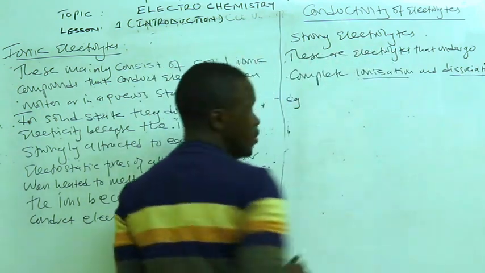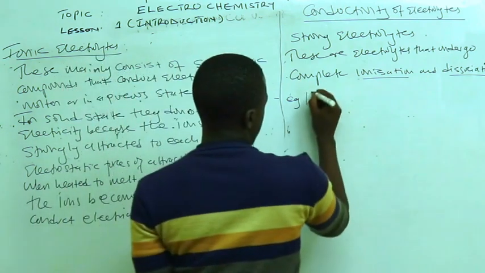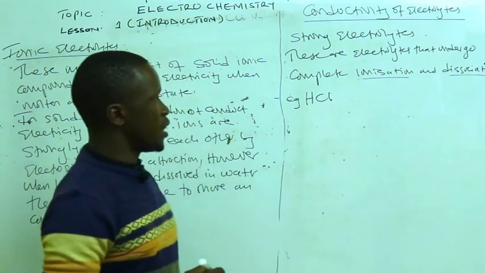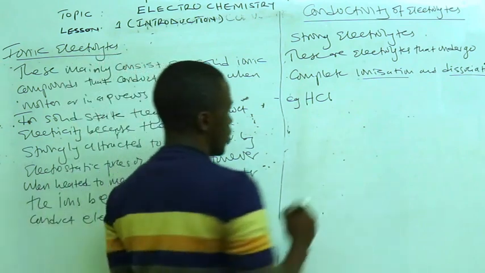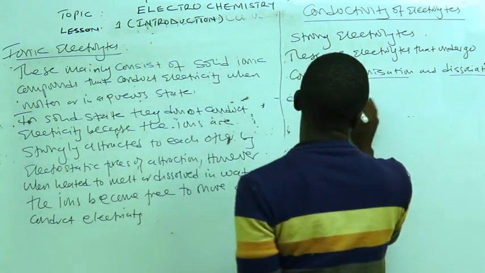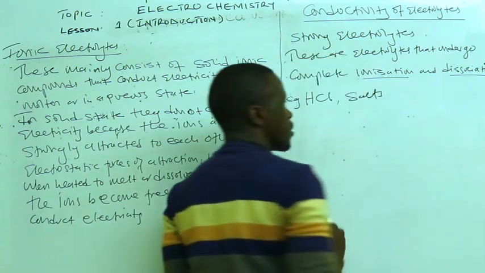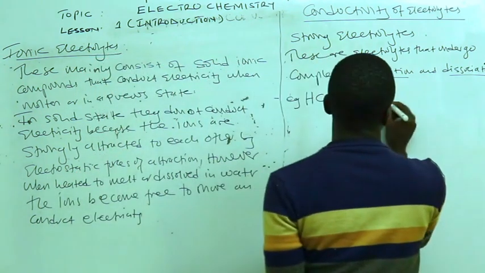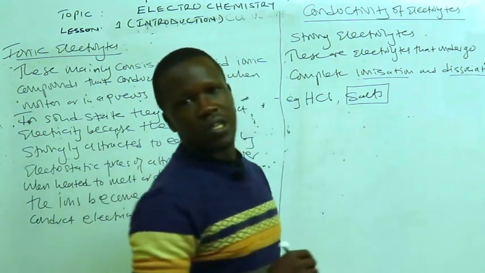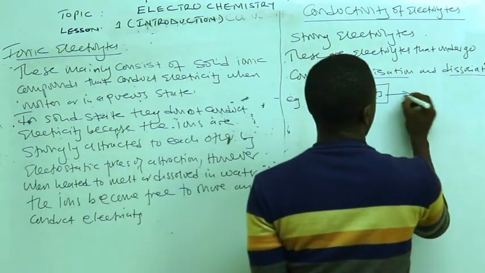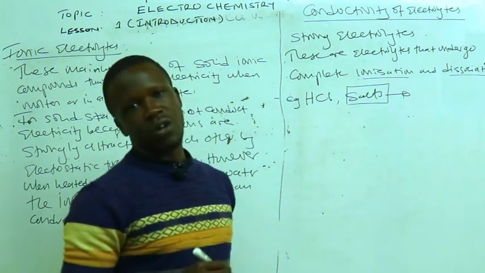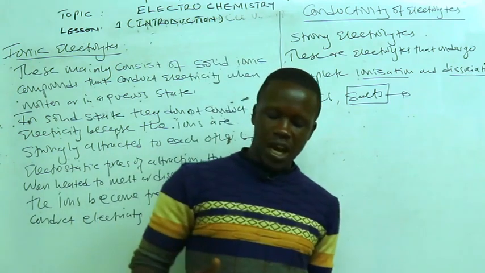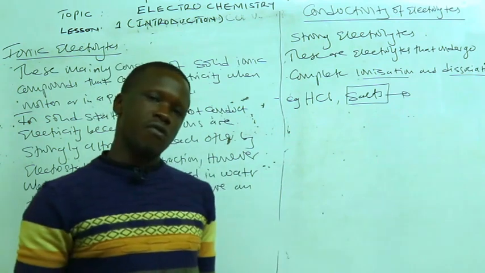For example, hydrochloric acid is a strong acid. When dissolved in water, it undergoes both complete ionization and dissociation. If we look at salts, they undergo complete dissociation, and if they do, then they are going to have a lot of ions in solution, and so they will be regarded as strong electrolytes. So strong electrolytes are those that undergo complete ionization and dissociation into free ions.